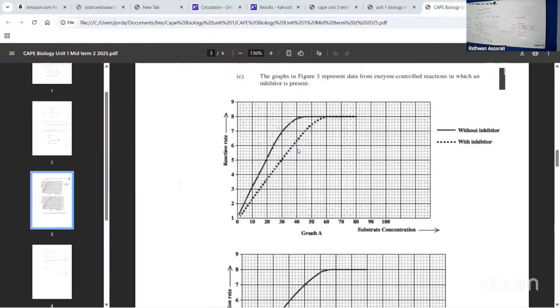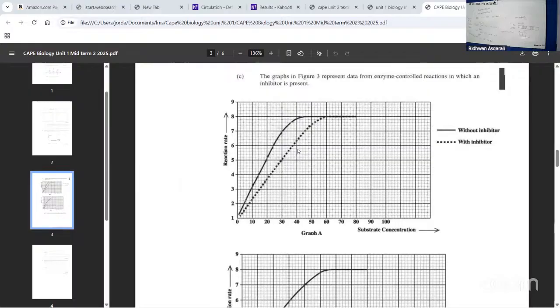In both cases there was an increase, however, in the enzyme with an inhibitor, there was a slower rate of reaction up to a certain point. Up to which point was that? Up to which point did the graph kind of equalize? What value?